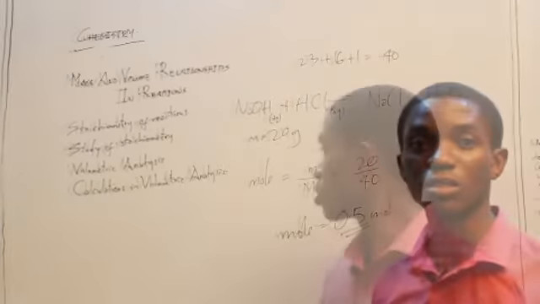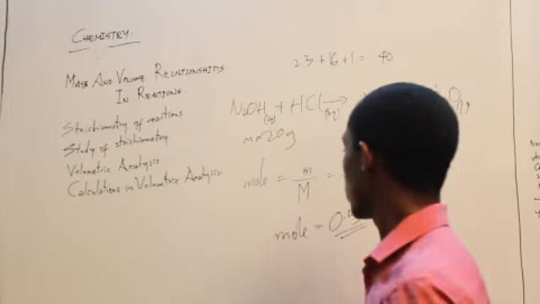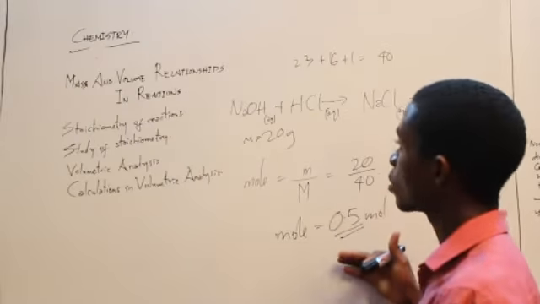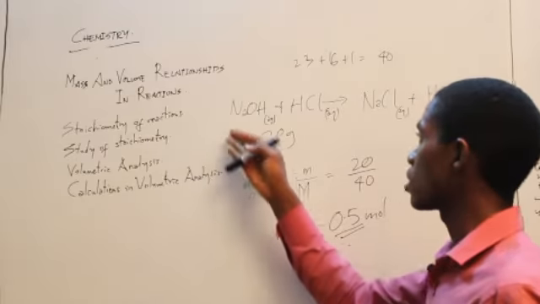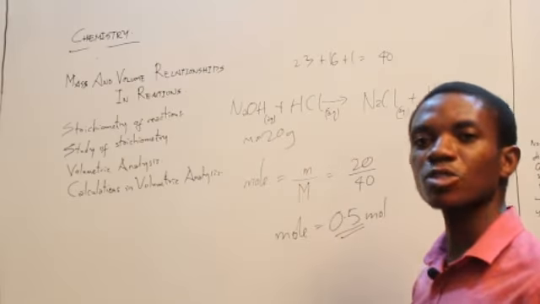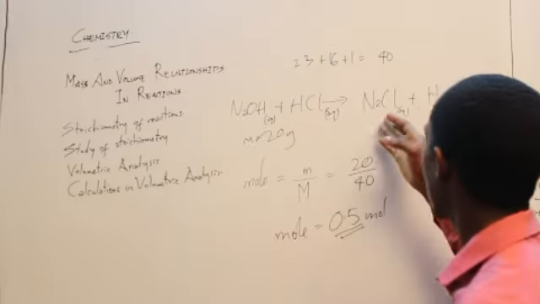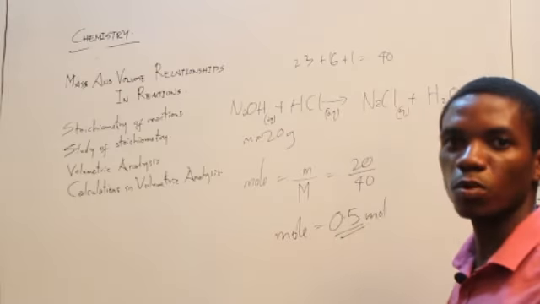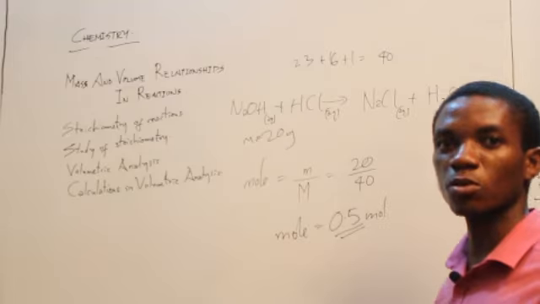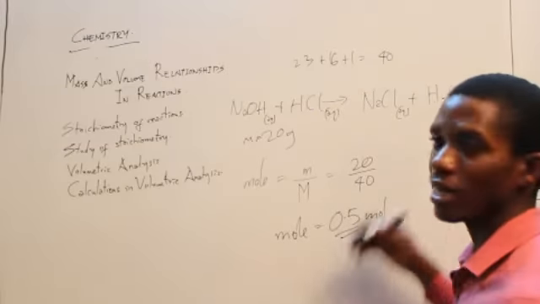So let's take, for example, now that we have known what amount of mole is here. If we have to calculate how much sodium chloride would be produced in terms of mass, then we can go ahead and calculate.